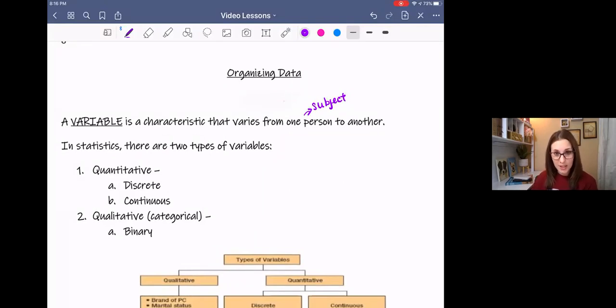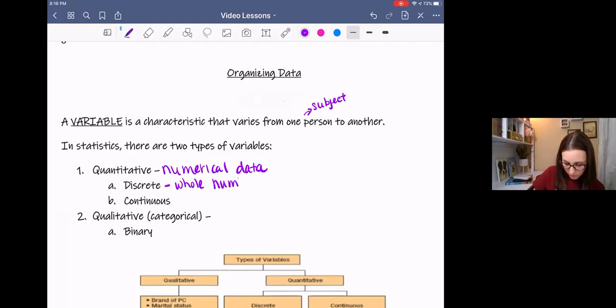Quantitative refers to numerical data. And within quantitative, there are two types: discrete and continuous. Discrete is kind of like whole numbers, which means that you can list them easily.